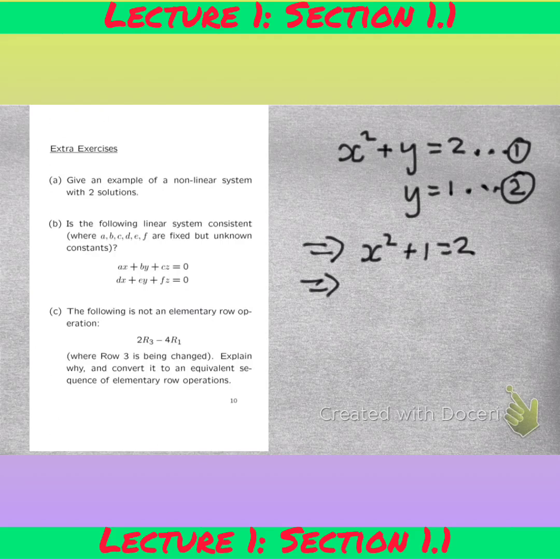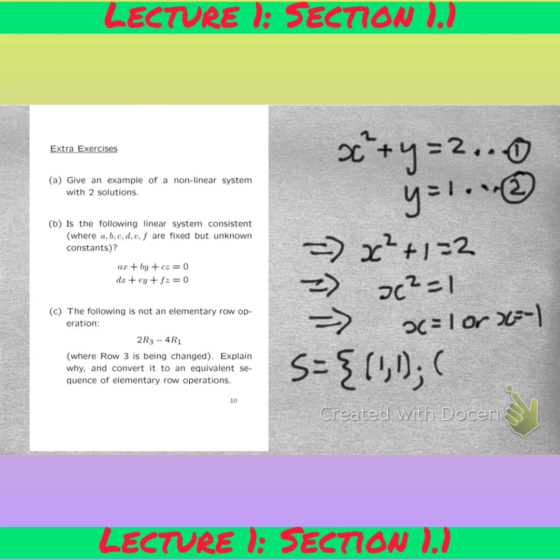From there we can solve for x squared as 1, which implies that x is 1 or x is minus 1. So the solutions are the point (1, 1) or the point (-1, 1). This system is not linear, it's a nonlinear system, and it has exactly two solutions. So there's my example.